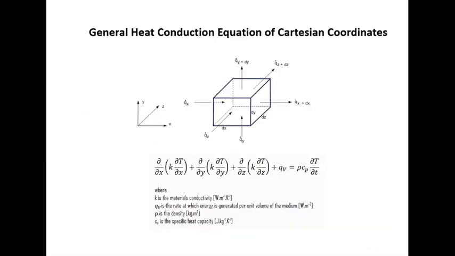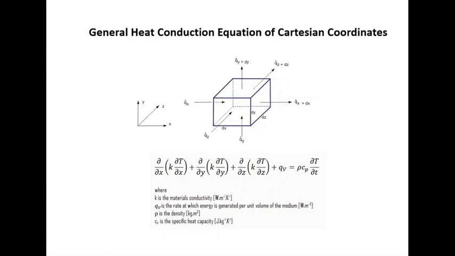General heat conduction equation of Cartesian coordinates. Here we have three different general heat conduction equations. One is for Cartesian coordinates, another is for cylindrical, and the third is for spherical. Here we are going to discuss the general heat conduction equation of Cartesian coordinates.